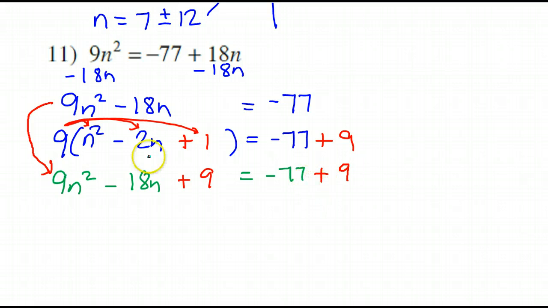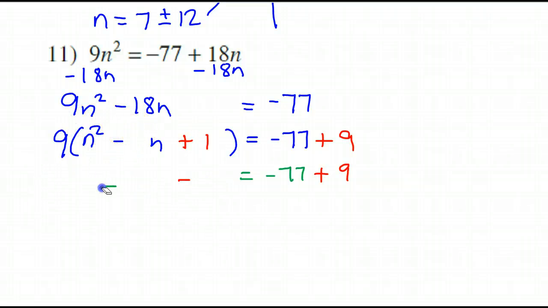So it's important to know what you put over here. You have to multiply in your mind, and that will tell you what to add to the right hand side. So we're not really going to distribute. That's not part of the process. I just wanted to show you why it was 9 that we're adding, why really it's 9. So let's get back down to business.